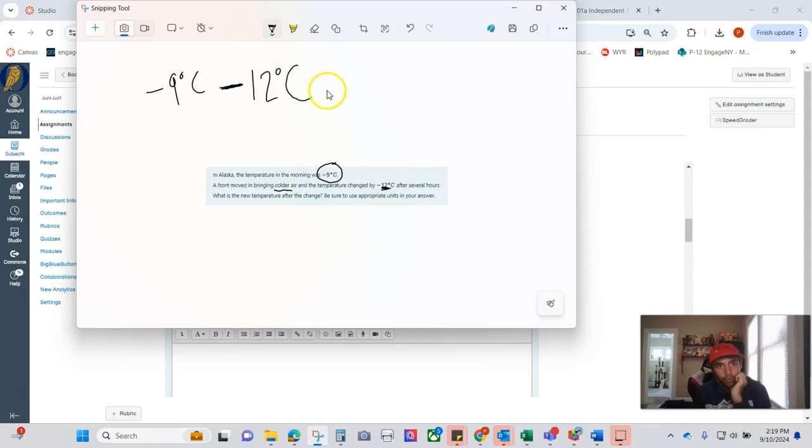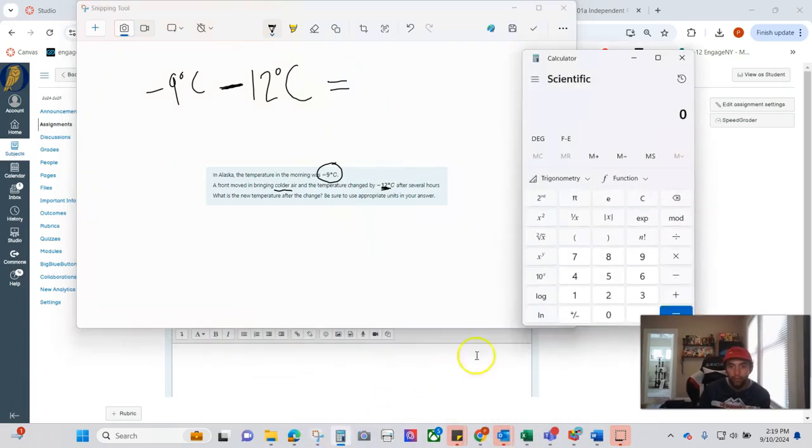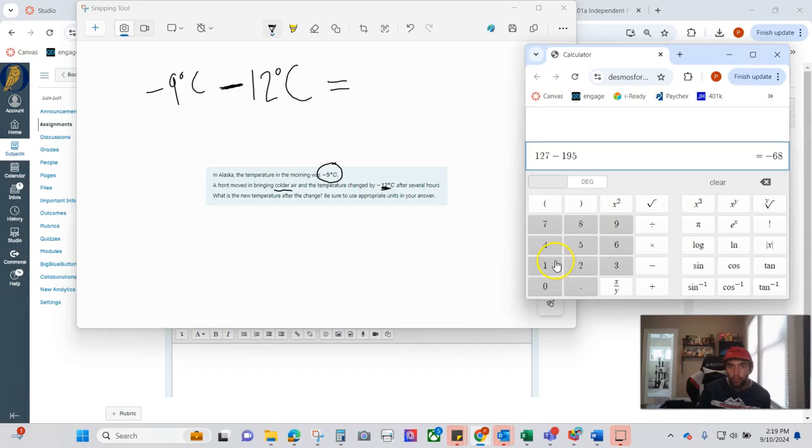So we started at negative 9 degrees Celsius, and we got colder by 12 degrees Celsius. What's the new temperature? Let's type that in our calculators. What does that give us? Negative 9 minus 12 is negative 21.